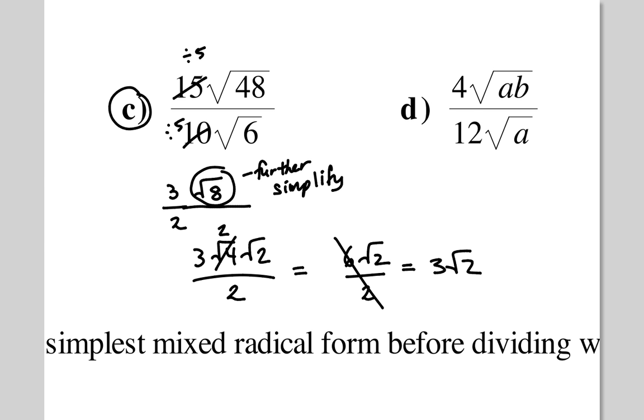Root 8 is the same as 2 root 2, right? 4 times 2, 4 comes out as a 2. So all I did was change root 8 to 2 root 2. Now I go 15 times 2 is 30, divided by 10 is 3 root 2. So there's lots of ways to get into this. My way, your way might look a bit different, but you have to end up at the same thing.